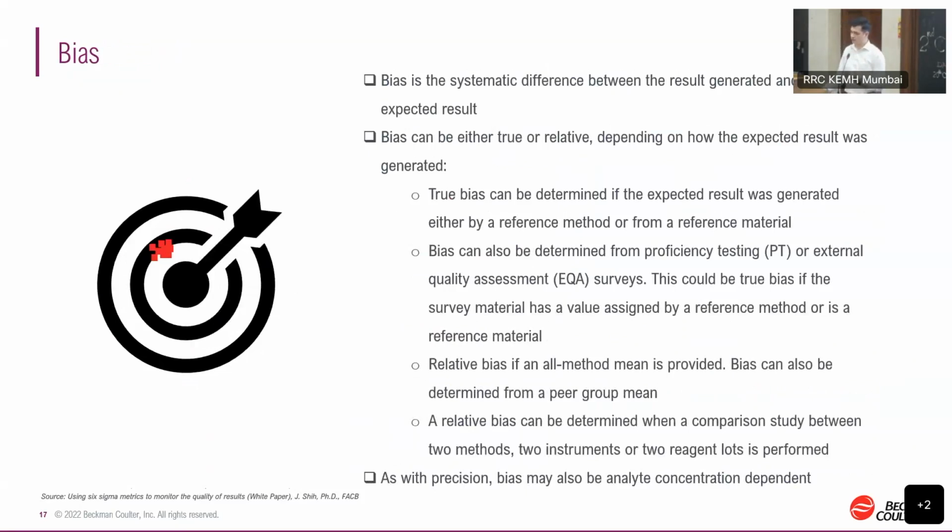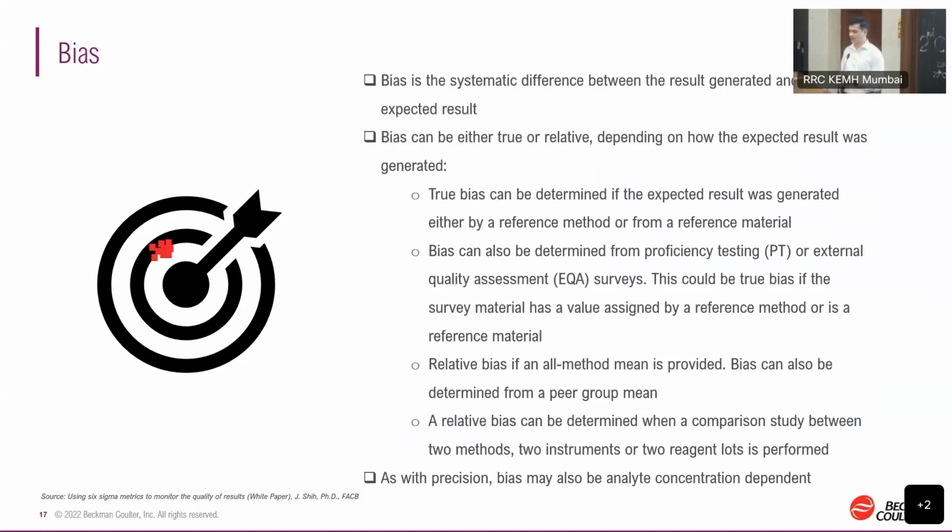As you know, bias is the systematic difference between the test result and the expected result. The result which has been generated and which it is supposed to be. So that's the difference we calculate for bias. There are two forms of bias: one is true bias and the other is relative bias, depending upon the expected result.